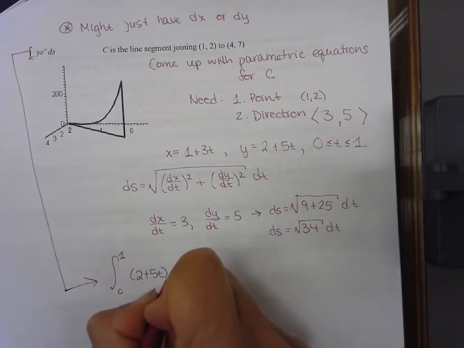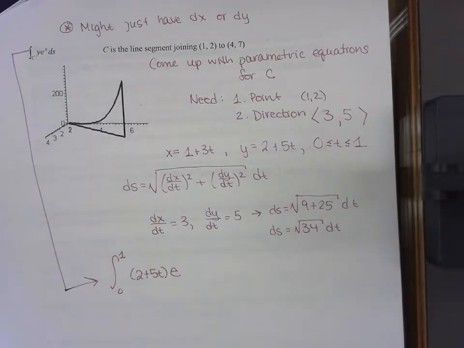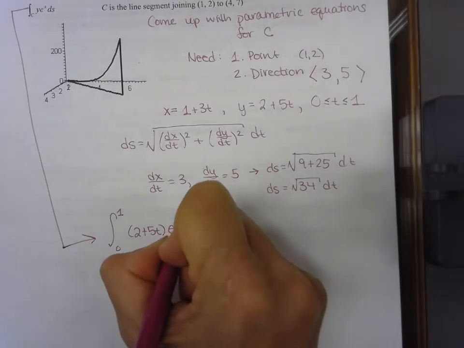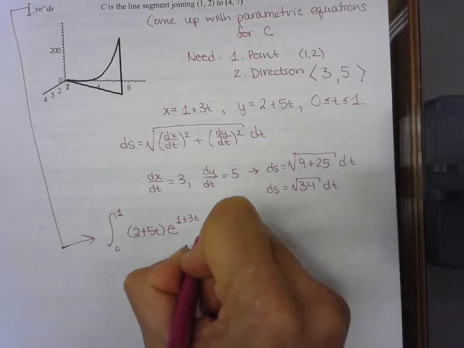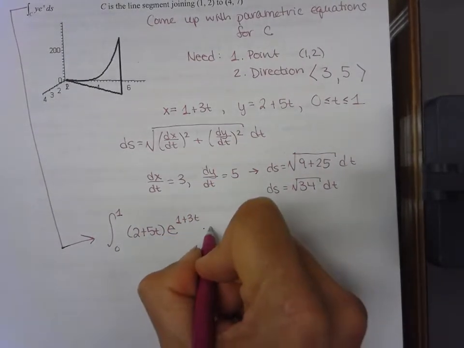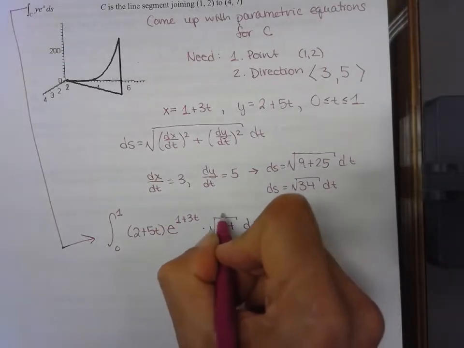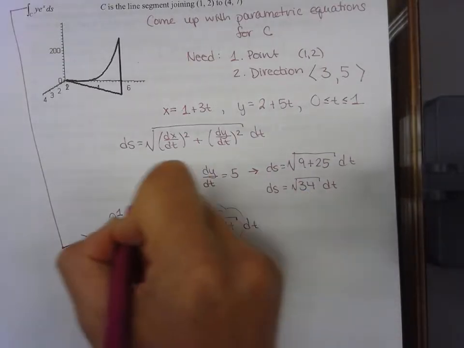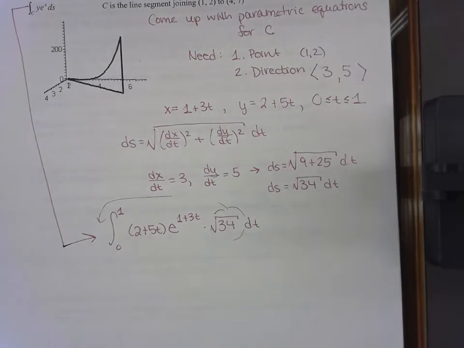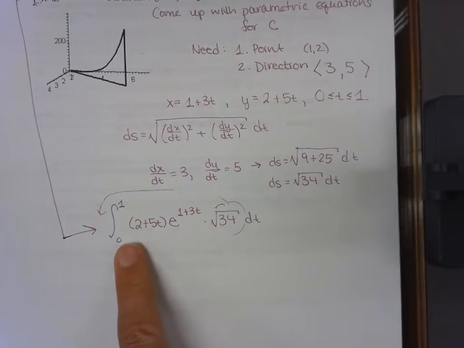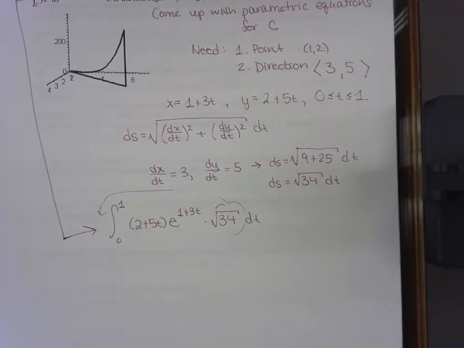And then e to the, what am I going to put in place of x? 1 plus 3t. And then the ds is square root of 34 dt. So we can bring the square root of 34 all the way out in front. And if you want, you can distribute the e through, I'm just going to leave it like this.